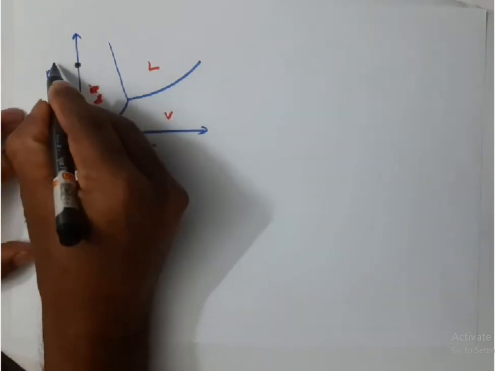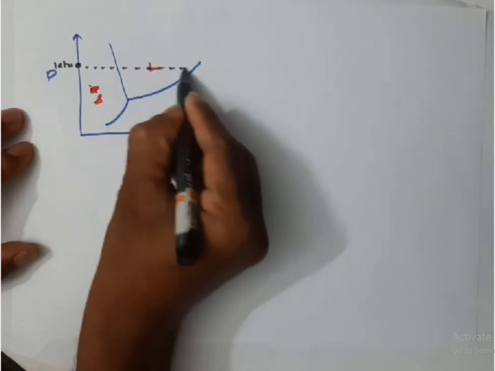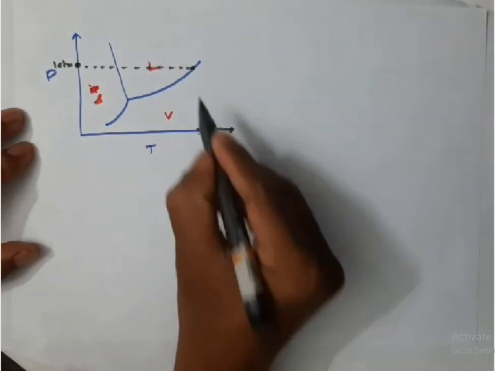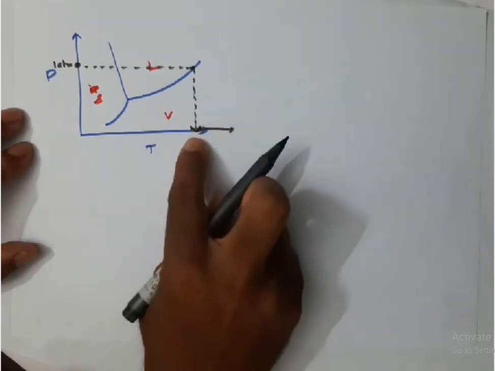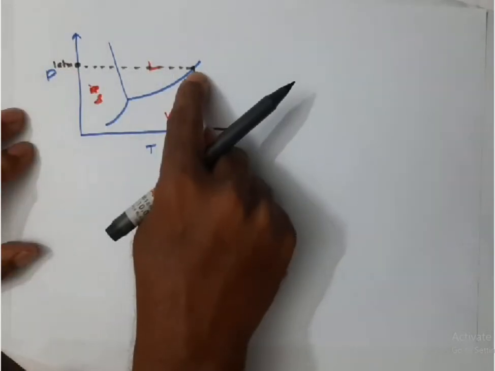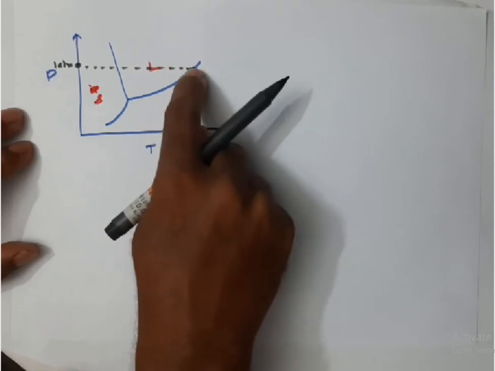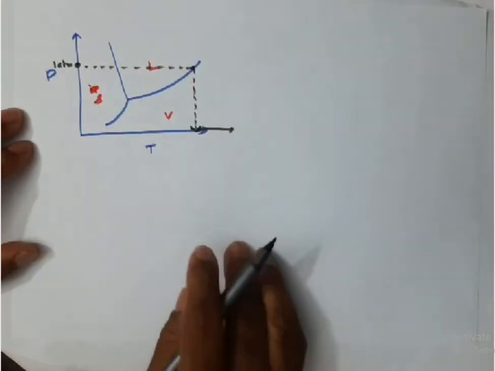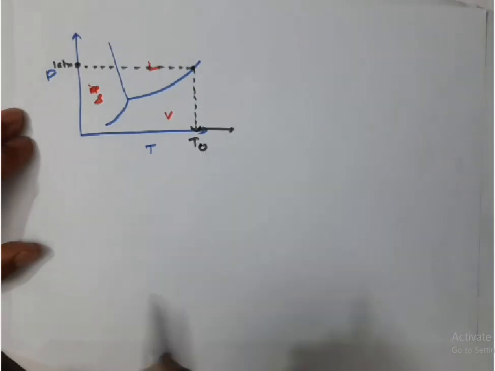At 1 atmosphere pressure, the temperature at which, if the external pressure is 1 atmosphere, liquid water and water vapor are in equilibrium, that temperature is called the normal boiling point. So this is the boiling point of pure water. Let me represent it as T0. I have taken water as an example.